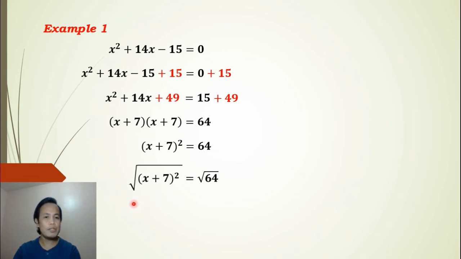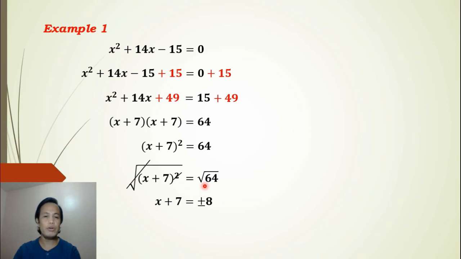So this becomes the square root of x plus 7 quantity squared equals the square root of 64. So, since we have now the square root and the square, this will be cancelled out. So, what remains at this side of the equation shall be x plus 7, and of course the square root of 64 is plus and minus 8, or that is positive and negative 8.